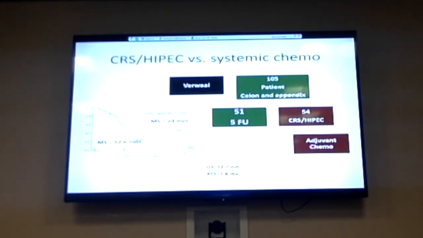So when you compare cytoreductive surgery HIPEC versus systemic chemotherapy, there is some benefit to the CRS HIPEC versus systemic chemotherapy. How much of that is the CRS versus the HIPEC, we'll see in just a second.